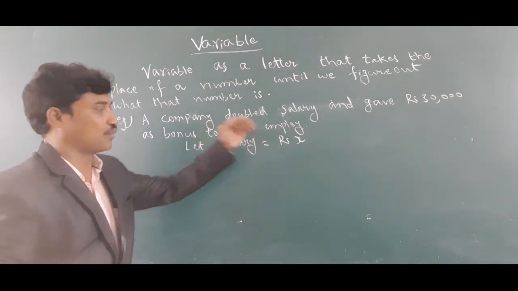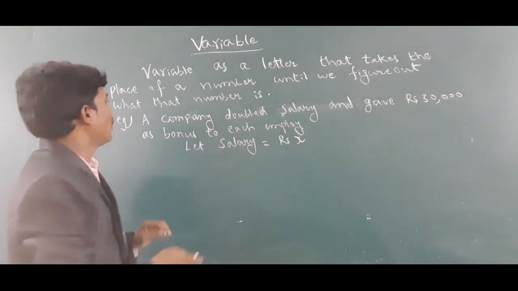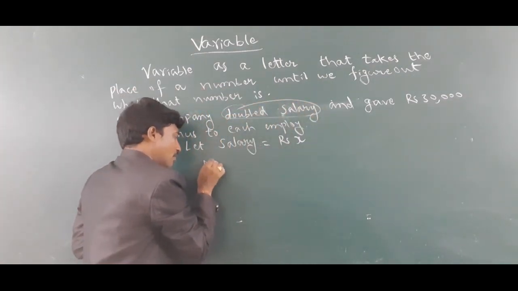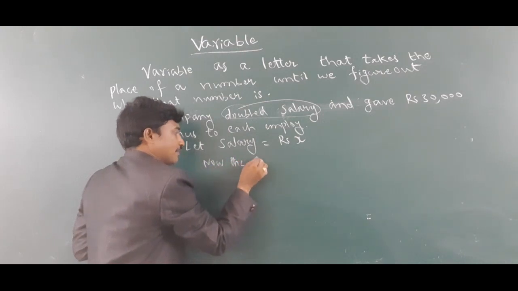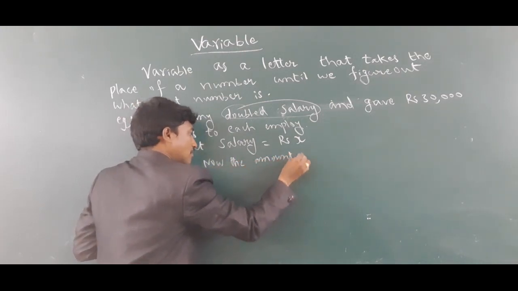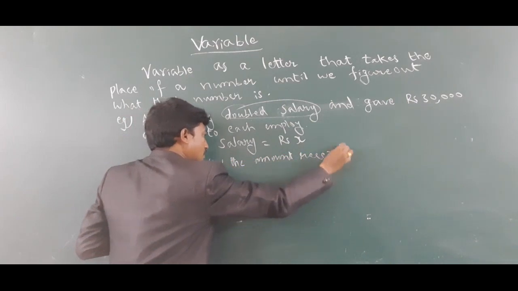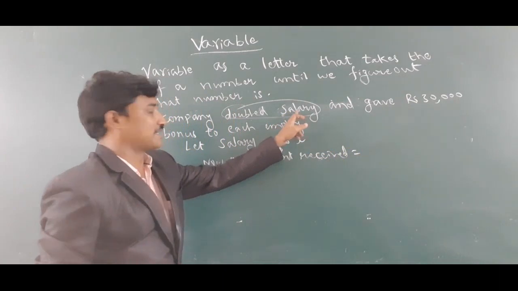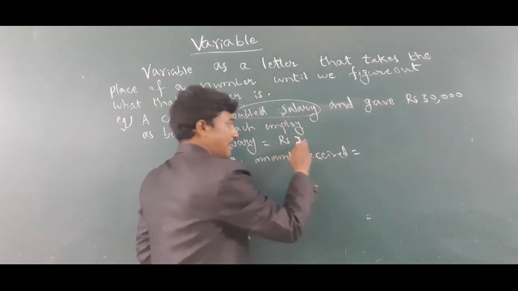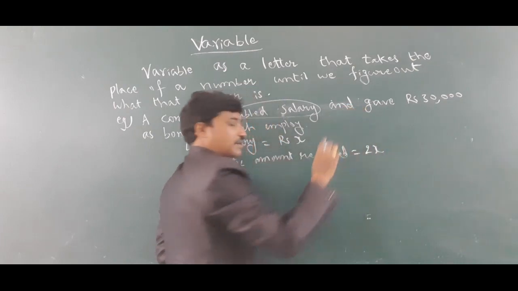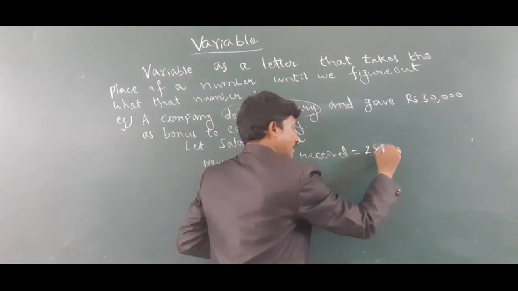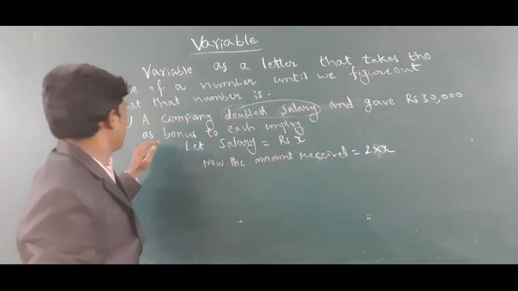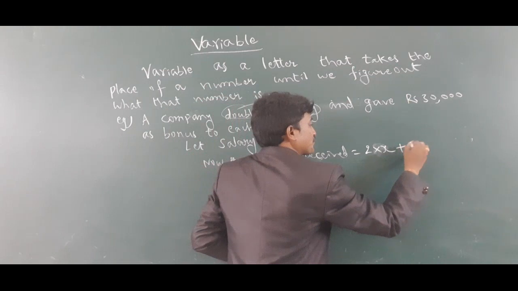In the previous months, he took X rupees as salary. Now his salary is doubled. That means each employee's salary is doubled, that means take X and double it, that means 2 into X. And then gave 30,000 rupees as bonus, so add 30,000 rupees.